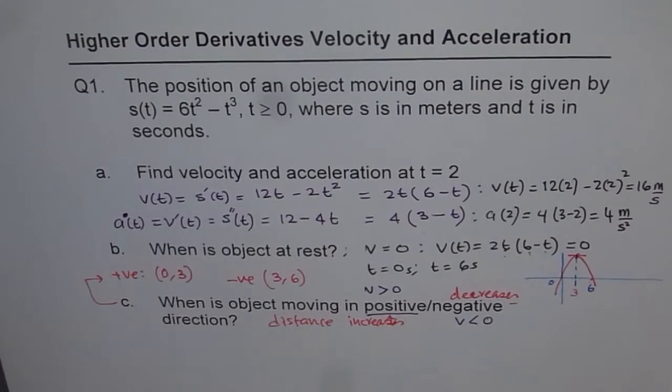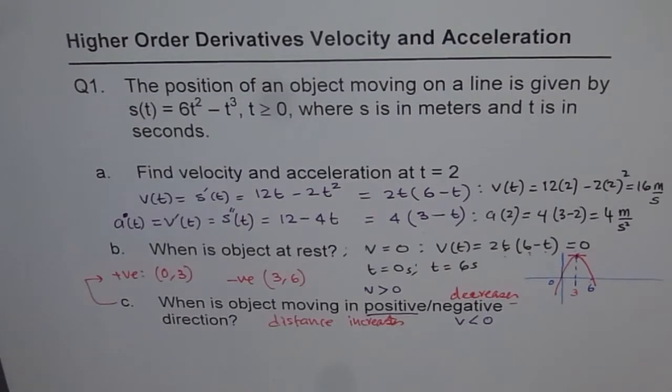I hope these concepts are absolutely clear to you: when displacement is given to us, the first derivative is velocity and the second derivative is acceleration. Displacement is closely related with velocity, since velocity is the rate of change. If the velocity is zero, that means the body is at a standstill, in a stationary position, not moving.